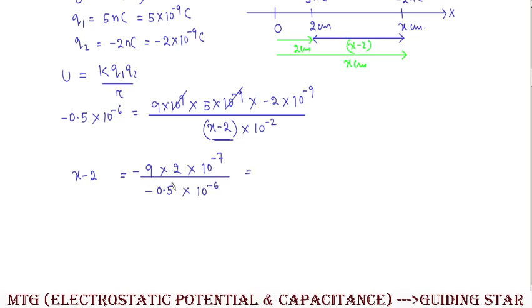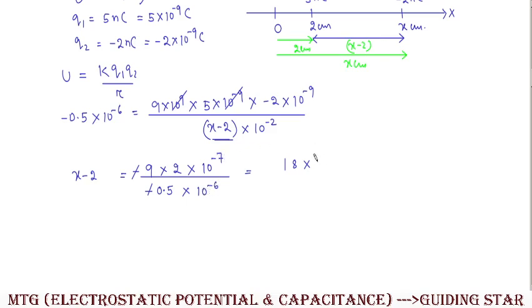So negative both will cancel out, so it will come out to be 9 into 2, 18, so here it will be 18 into 10 to the minus 6.